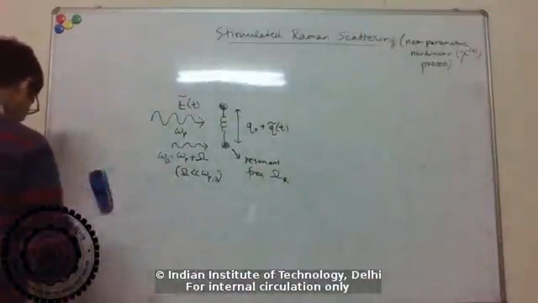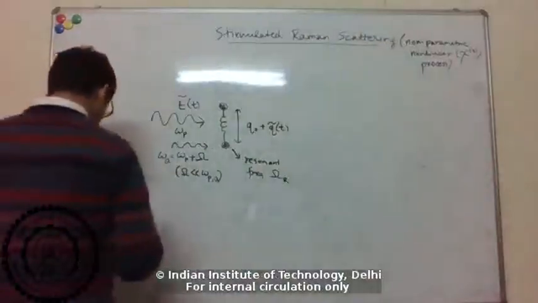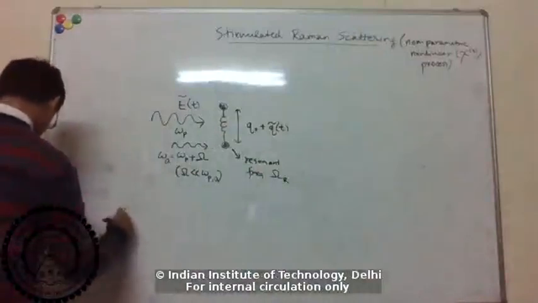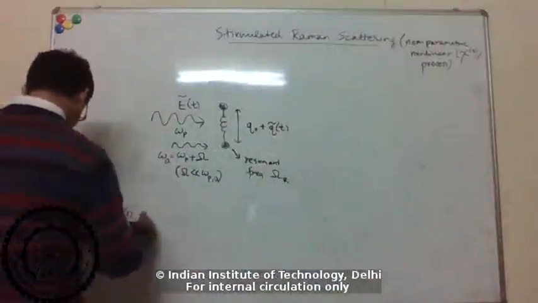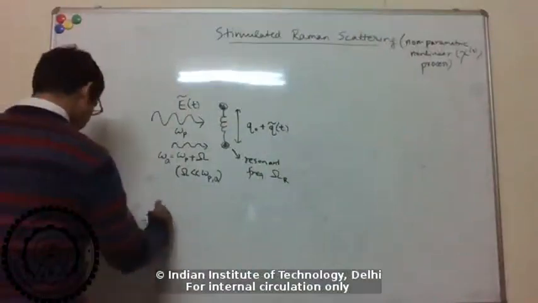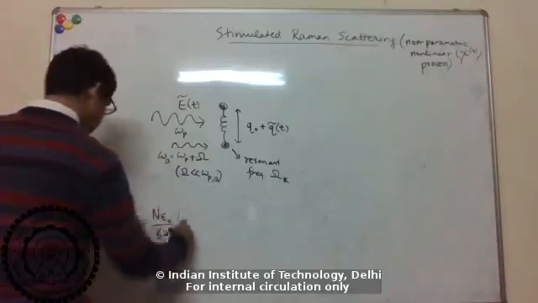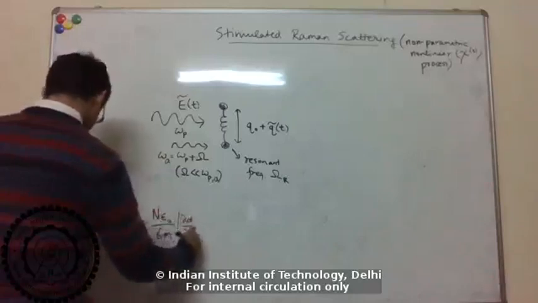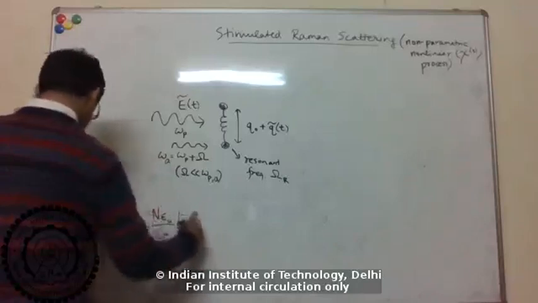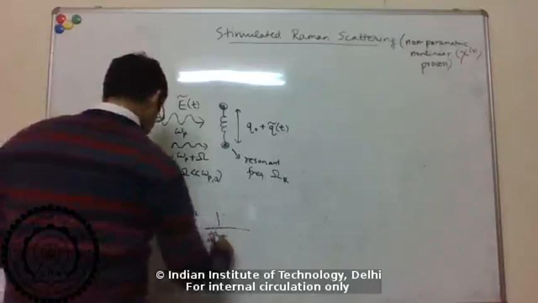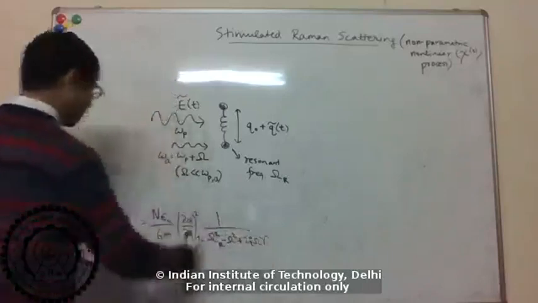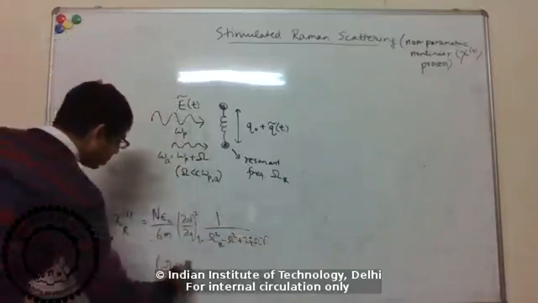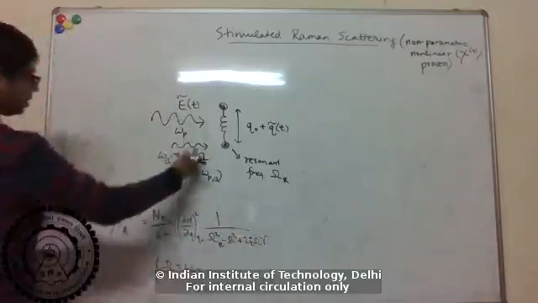So it's very similar. Here we had chi3, the Raman, where omega here is omega p minus the other wave.